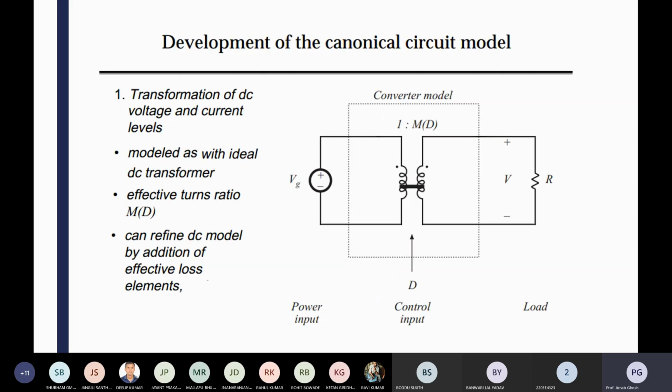Here you can see the development of the canonical circuit model. Different steps are there. In step one, you should get the transformations of DC voltage and current level. You have to select how much DC voltage there is and how much current you require. That is what I told in my first slide in today's introductory portion: the availability of the resource and the uses of your converter.